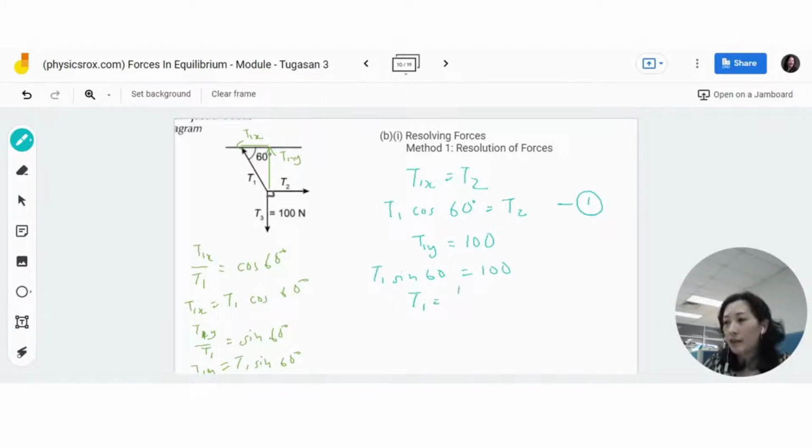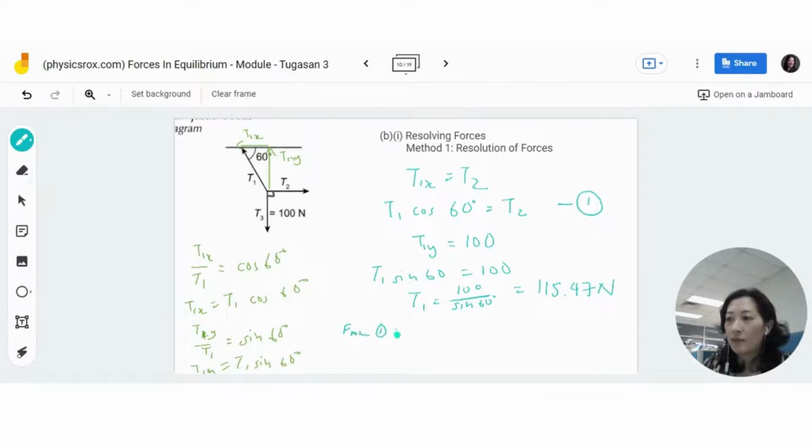So this gives us 100 divided by sine 60, which is, let's do this off screen because I don't want to use the numbers in the book because it's always not correct, right? 100 over sine 60 gives us 115.47 Newton. So to solve T2, we take from number 1.